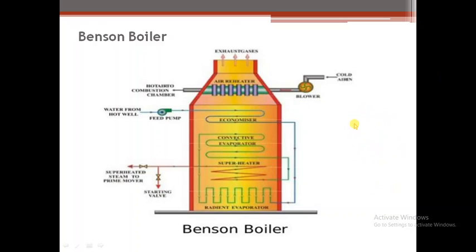Due to this it directly changes into steam without boiling, and this prevents the formation of bubbles at the tube surface. In the Benson boiler the feed pump increases the pressure of the water to the supercritical pressure, and then it enters the economizer.